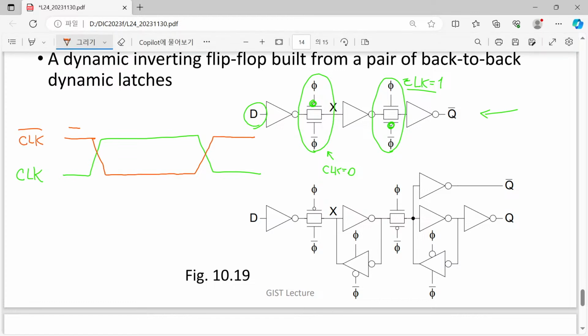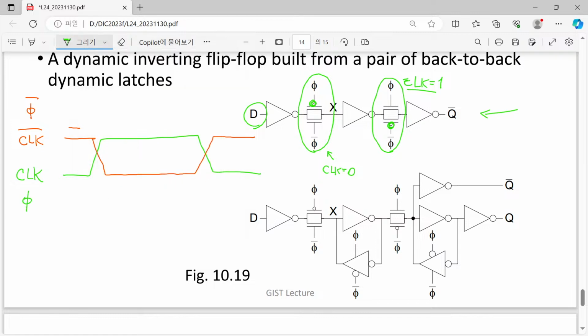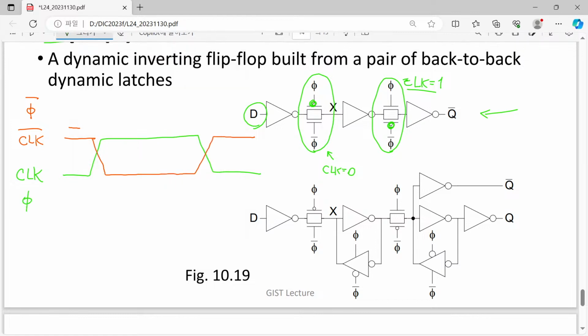CLK bar, or in this notation, this one is just phi bar, and this is just phi. So now this first transmission gate just senses when clock equals 0, which means that clock bar equals 1.